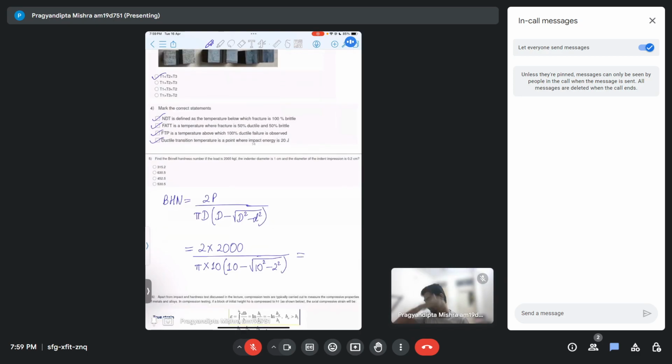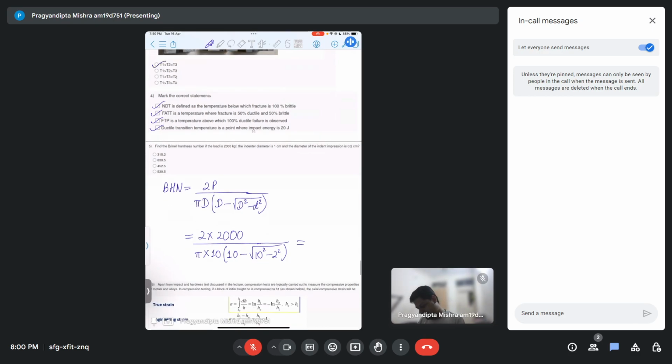So the fifth question, they asked us to find the Brinell hardness number for the particular case. So we know the formula, the values are given to us. So after substituting, I'm just calculating it. Just a second.